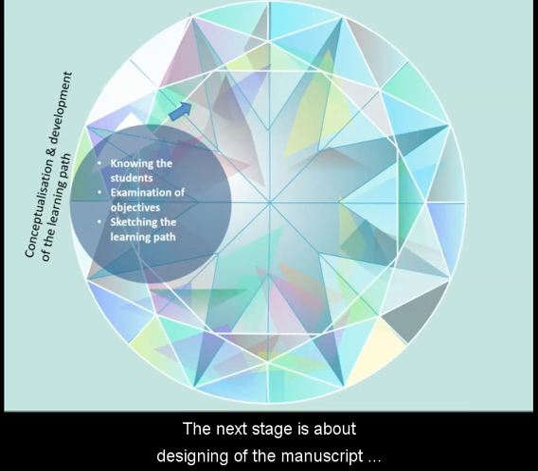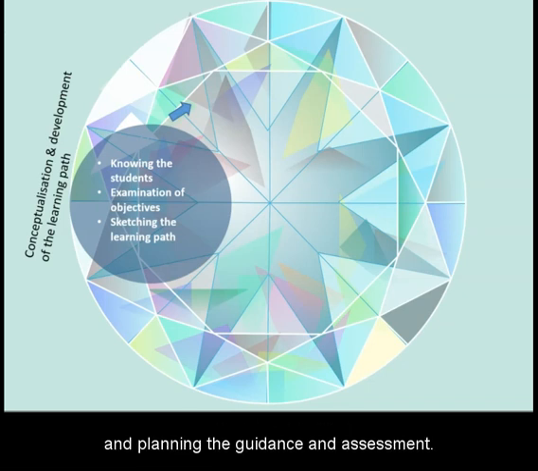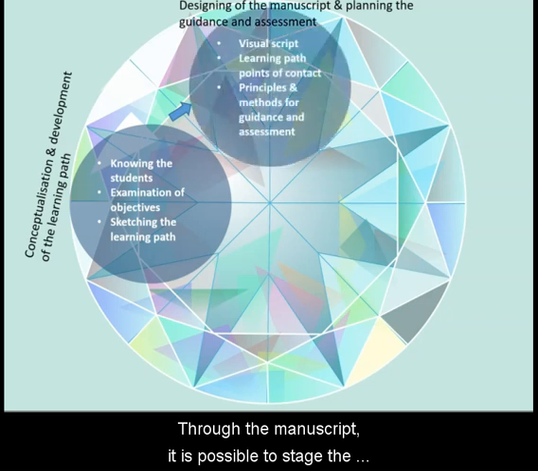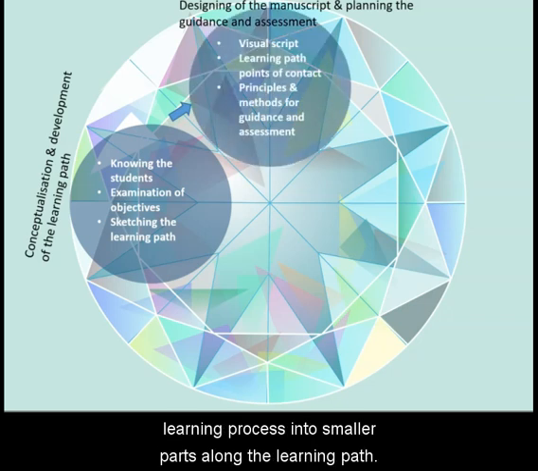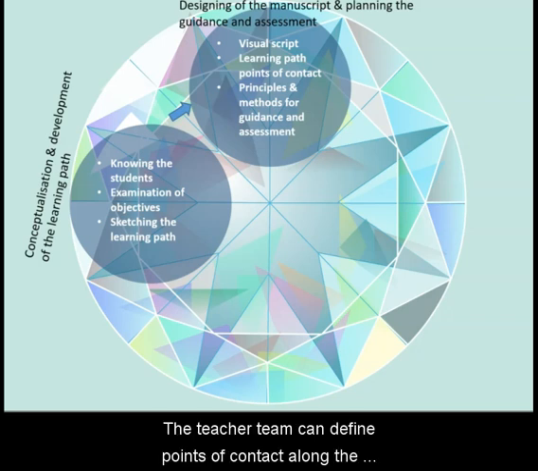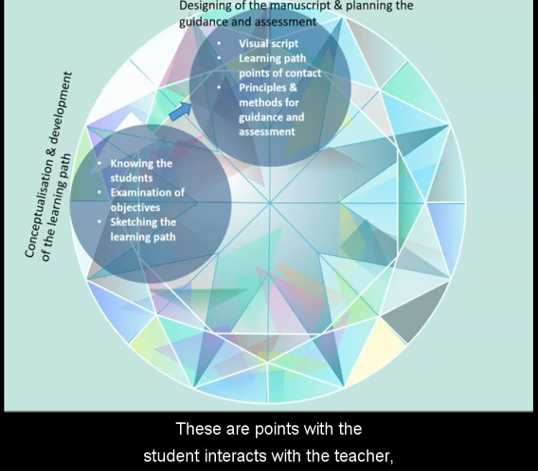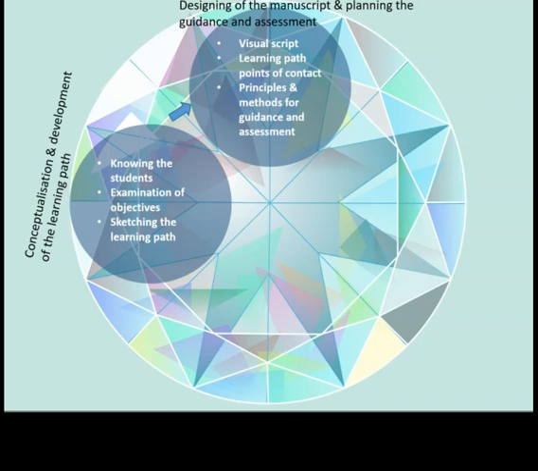The next stage is about designing of the manuscript and planning the guidance and assessment. Through the manuscript, it is possible to stage the learning process into smaller parts along the learning path. The teacher team can define points of contact along the student's learning path. These are points where the student interacts with the teacher, institution, or peers.